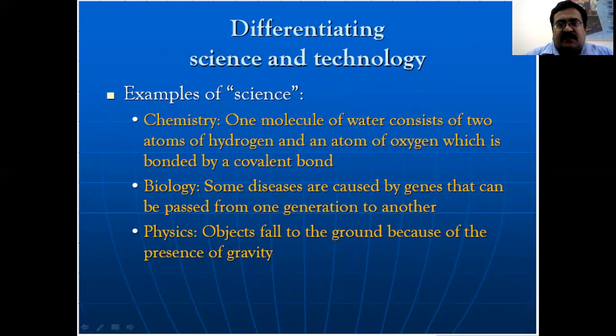The examples of science. In chemistry, one molecule of water consists of two atoms of hydrogen and an atom of oxygen, which is bonded by a covalent bond.